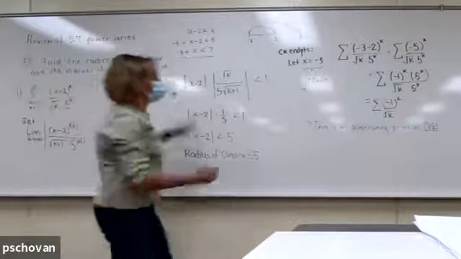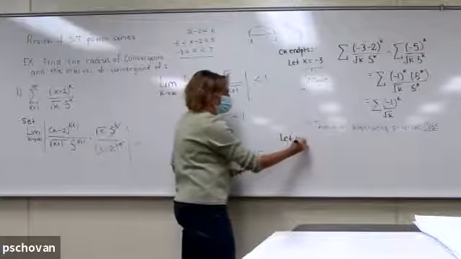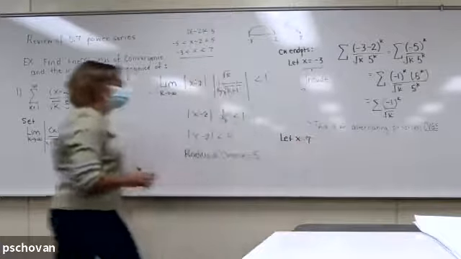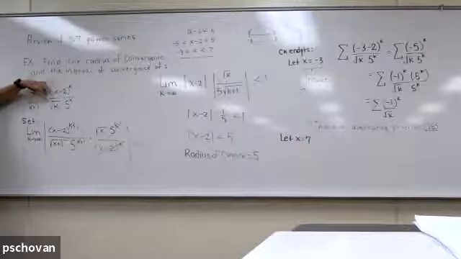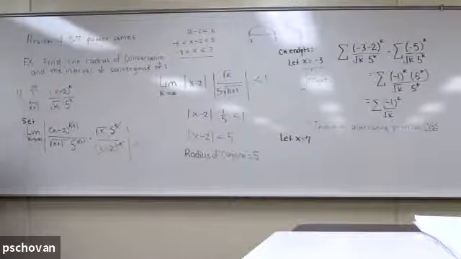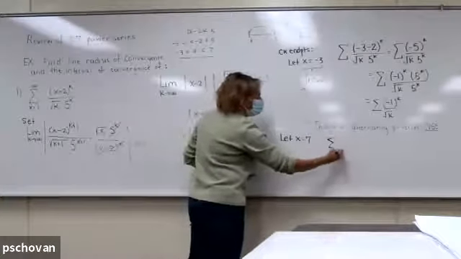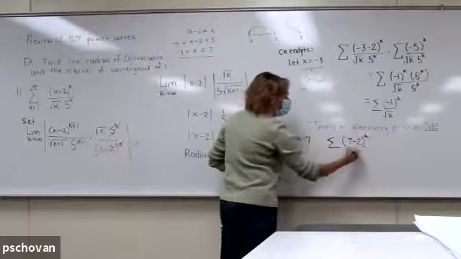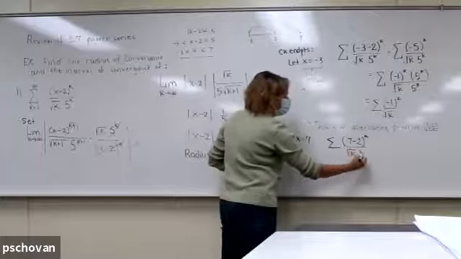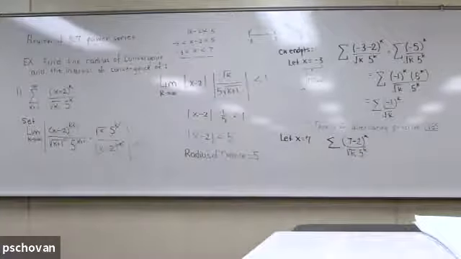Okay, so now we're going to let x equal 7. So I get (7 minus 2) to the k, divided by the square root of k, 5 to the k. So that's a 5 to the k on top, a 5 to the k on the bottom, cancel those.